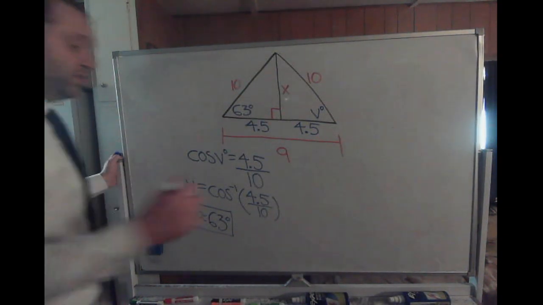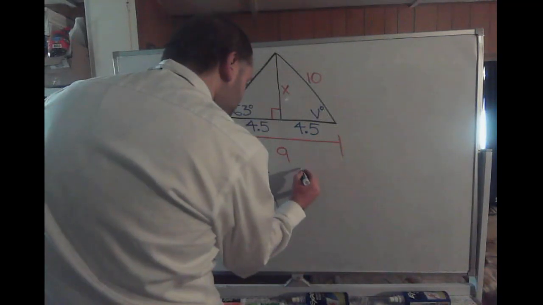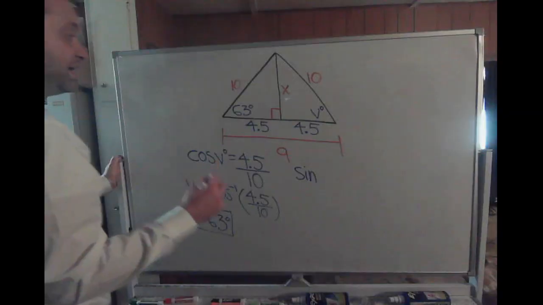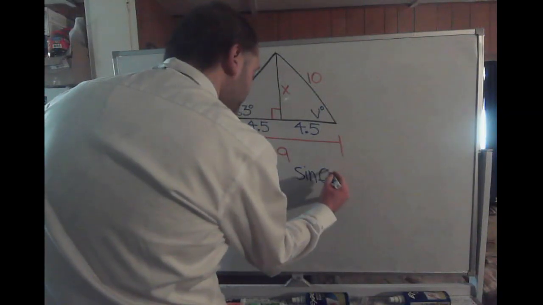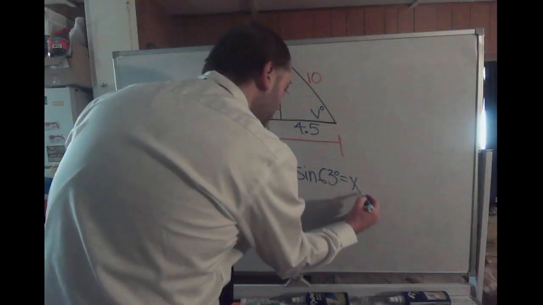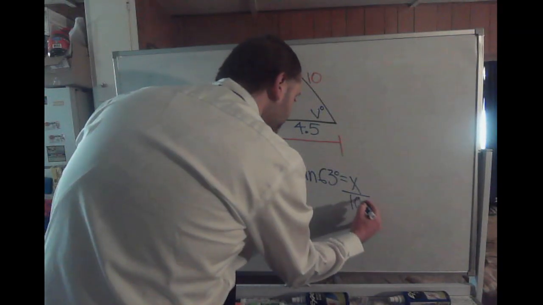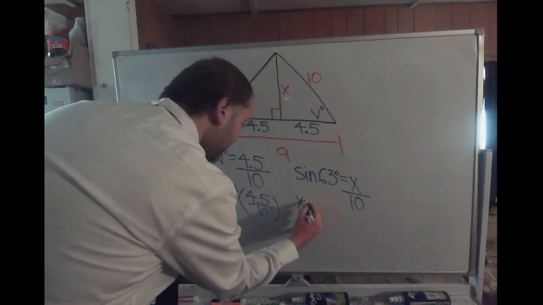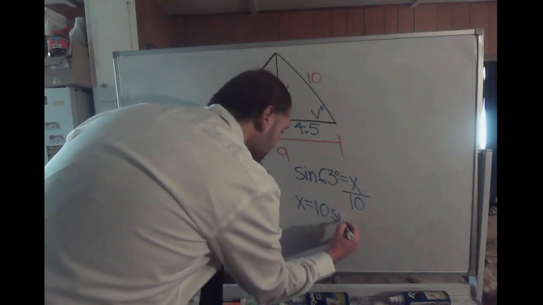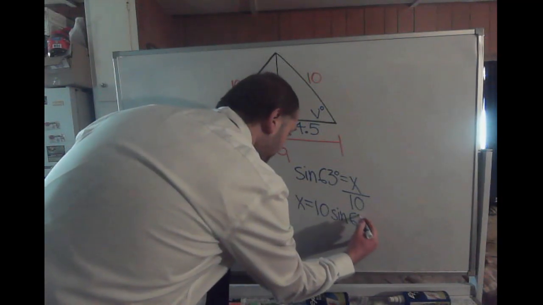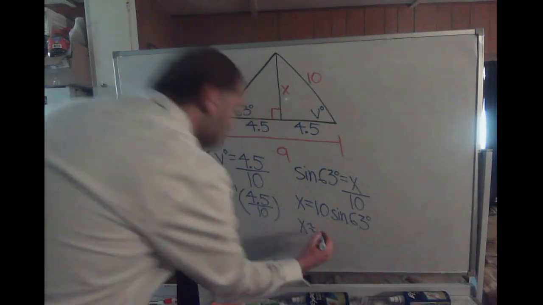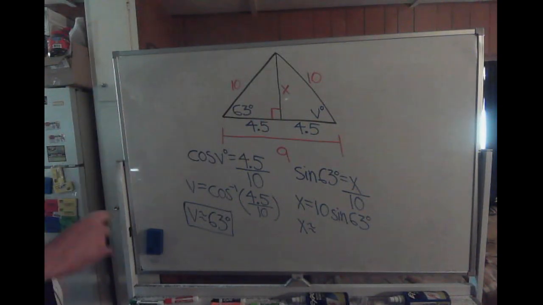Since we're dealing with the new stuff today, let's do the sine. So if we take the sine of 63 degrees, that would be equal to the opposite leg of x over the hypotenuse of 10, which then means that x equals 10 times the sine of 63 degrees. Then we should get a decimal approximation for x.